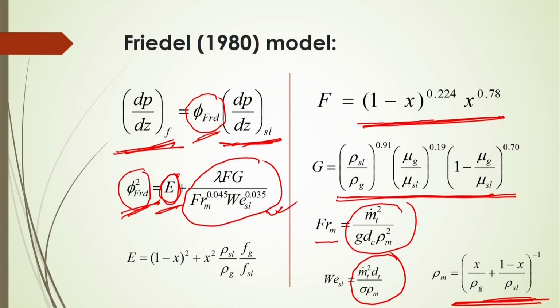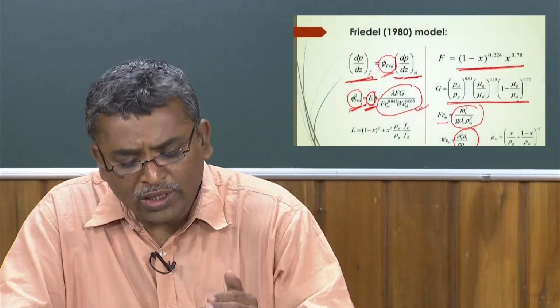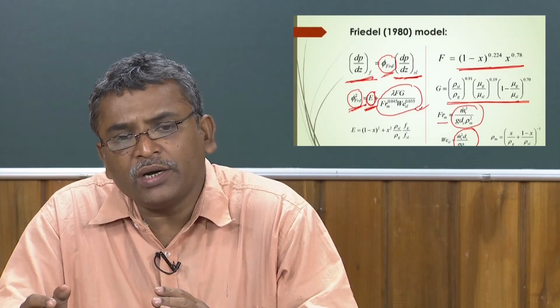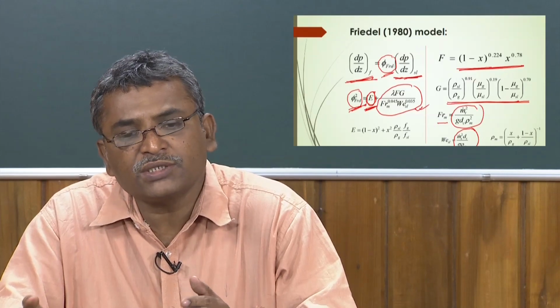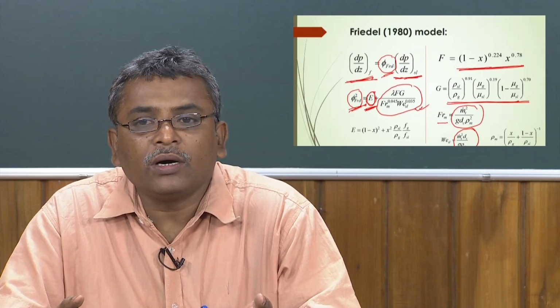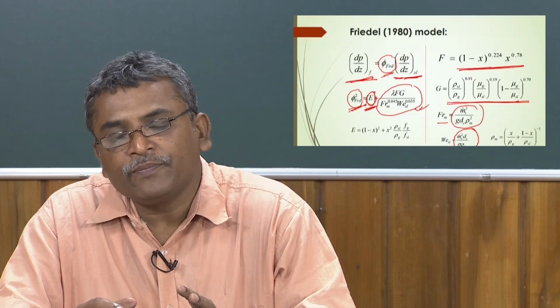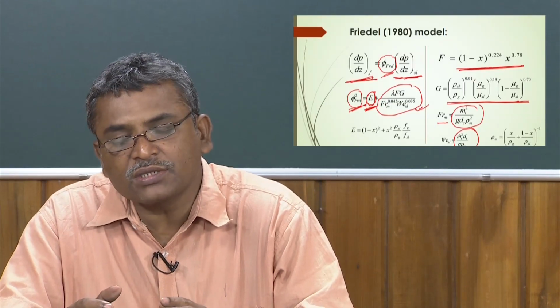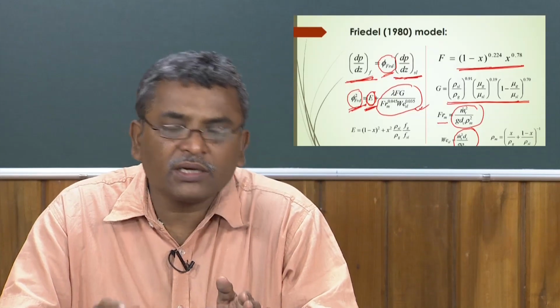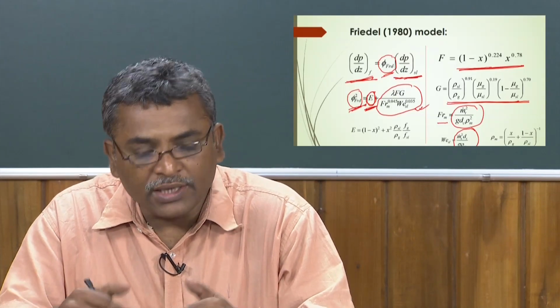If any modification of this model is required based on your experimental data, you can also do it just by fitting this unknown parameter with your experimental data, or you can directly correlate this phi FRD in terms of your different operating variables just by dimensional analysis, and then fitting with the experimental data with these different dimensionless groups by multiple regression analysis.